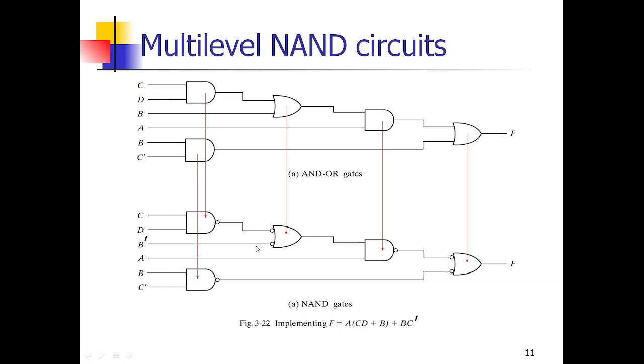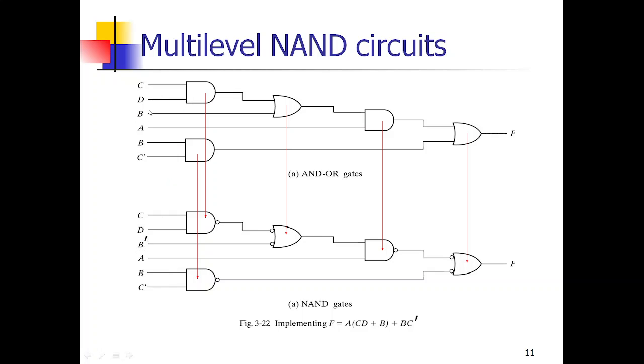So if the double bubbles are not compensated, see here, here is a single bubble, and here we don't have any bubble. So we have to insert an inverter here, or include a NAND gate, or otherwise we have to make this input literal a complemented one.